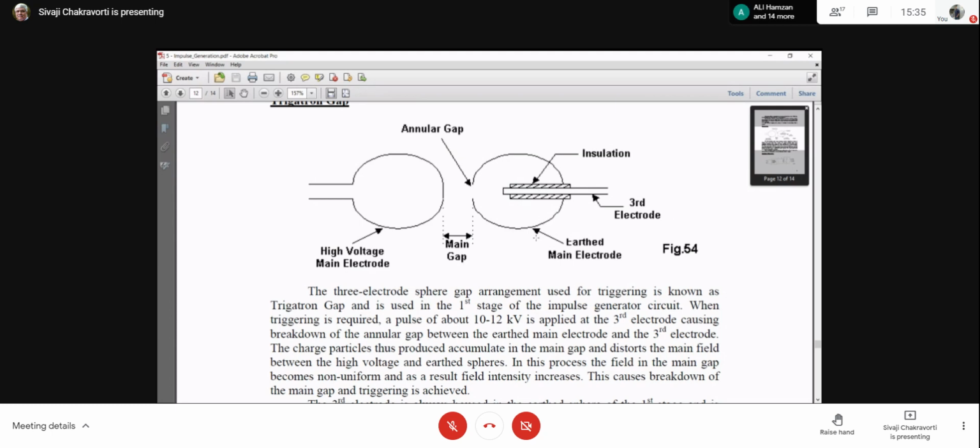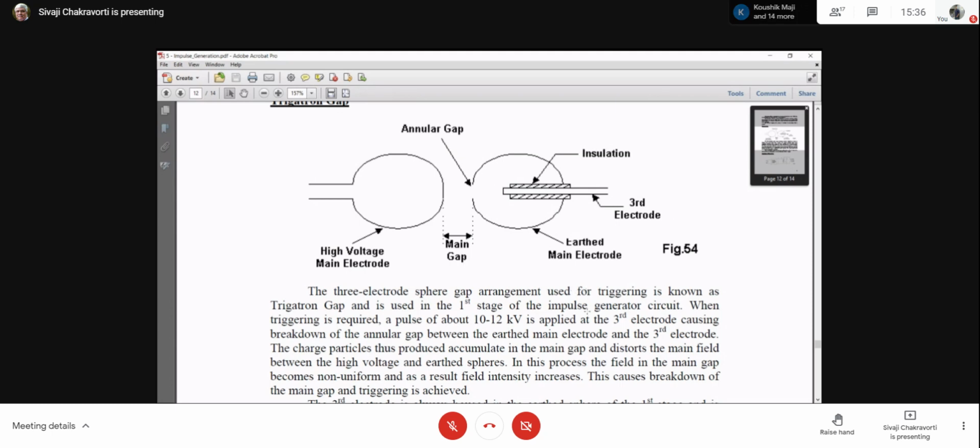Since these charges are conducting in nature and they arrive in between the two spheres, the sphere gap will fire. This is almost an electronic breakdown, extremely fast and quite reliable. In fact, from 1985 onwards, I have seen this arrangement in our laboratory. I have never seen a single time that it is not functioning well.